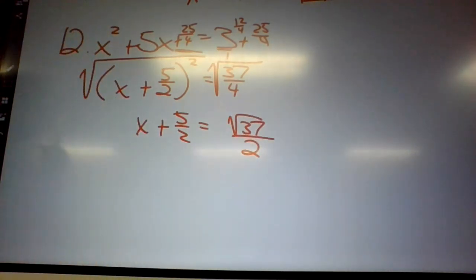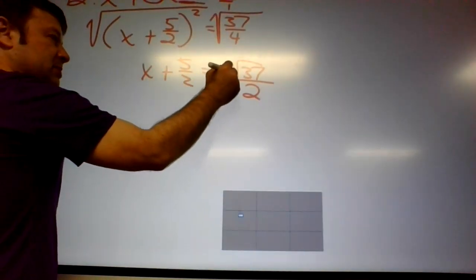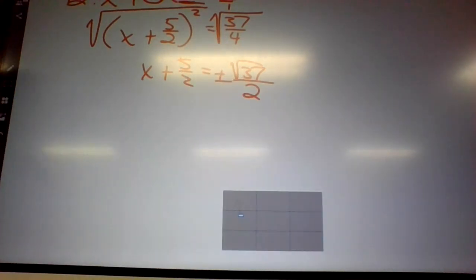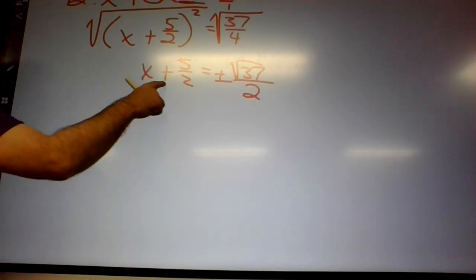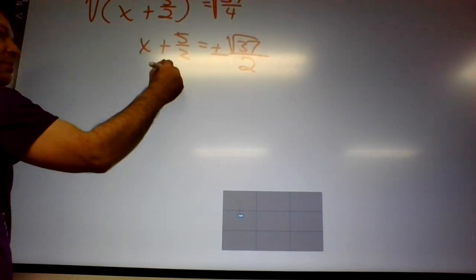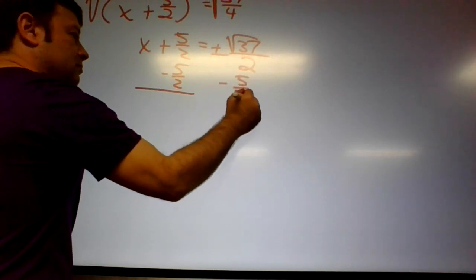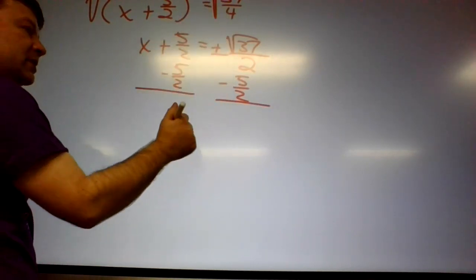The bottom, square root of 4 is just 2. But when you do the square root trick, plus or minus, and one more step. How do I get x by itself here? Minus 5 over 2. Okay, are those gonna mix? No, not really.